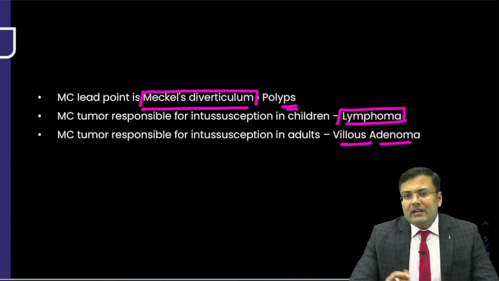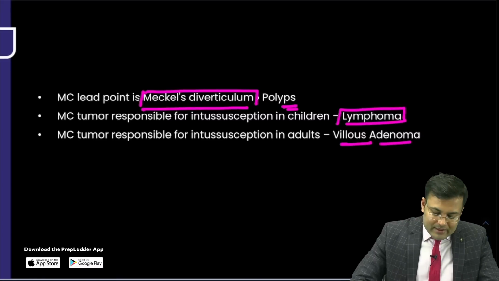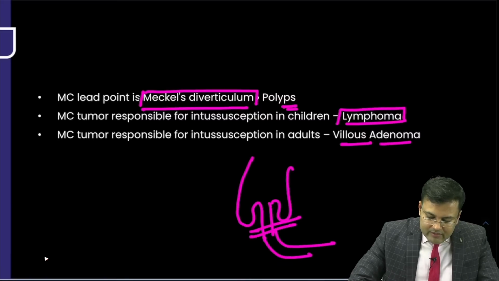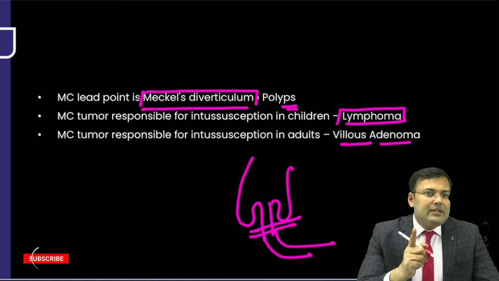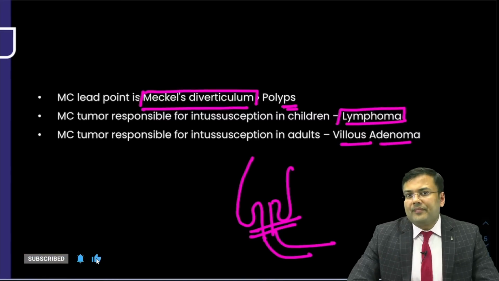Okay. So, whenever there is intussusception, the patient will be having signs and symptoms of what? The most common type is ileocolic. So, what will happen? The ileum goes into the colon, and there will be obstruction. It means majority of patients will be having signs and symptoms of small bowel obstruction.